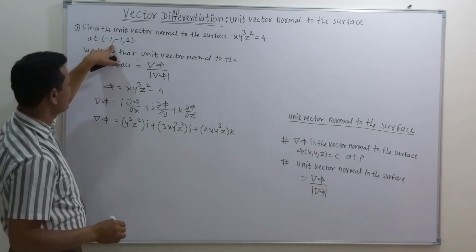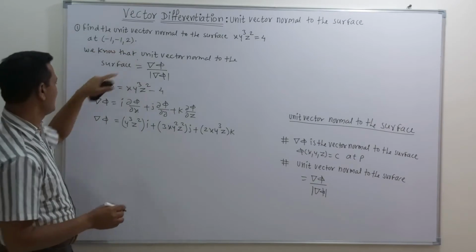Now our aim is to find this value at the point (-1, -1, 2).